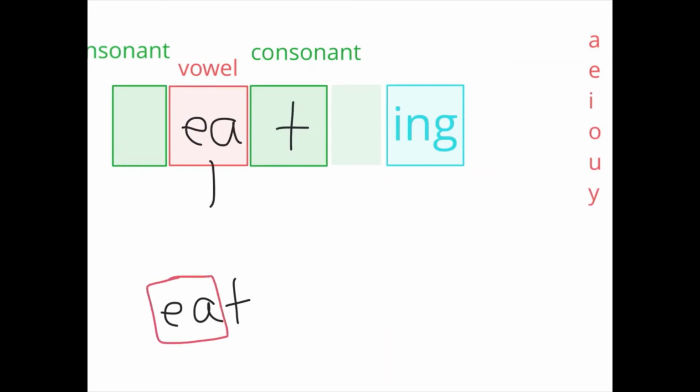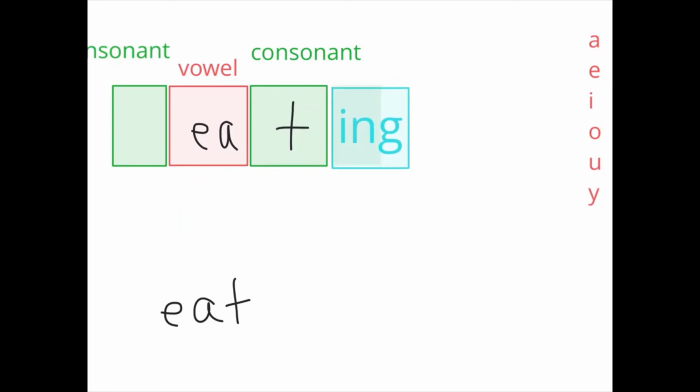So now when we look at this, we can say, oop, that's a digraph, so that means we are not going to double the final T. We will just say eating, E-A-T-I-N-G.